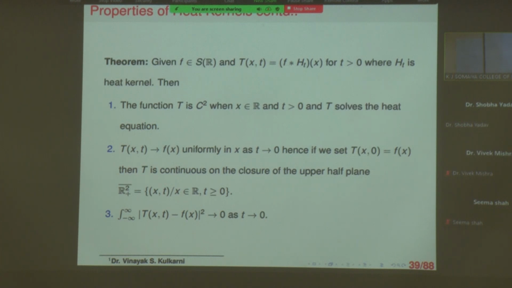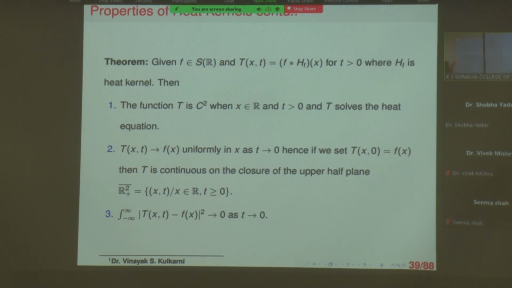So these three conditions, basically what I want to say here: f represents an unknown initial temperature belonging to this Schwartz space, and T of x,t represents the temperature at any point x and any time instant t, given by the convolution of f and Ht. Then it satisfies the one-dimensional heat equation, it satisfies the initial condition, and the mean square difference between T of x,t and f tends to 0 as t tends to 0. So this is the theorem.